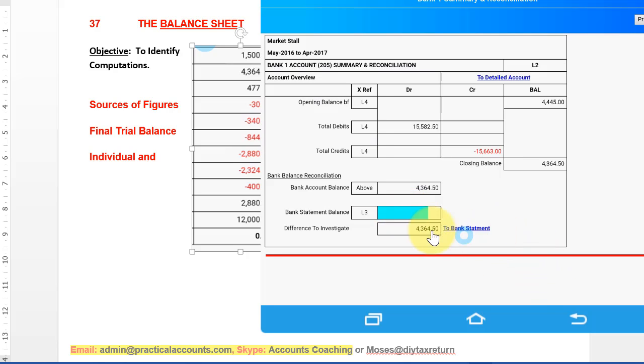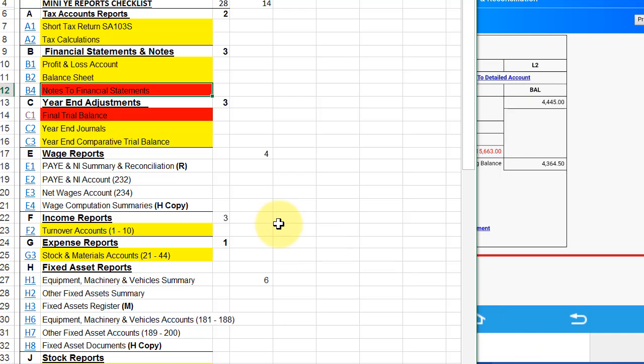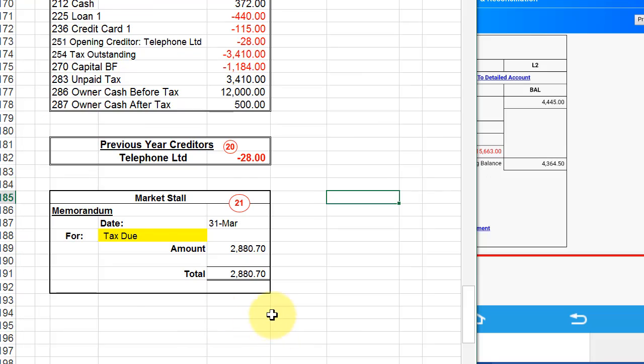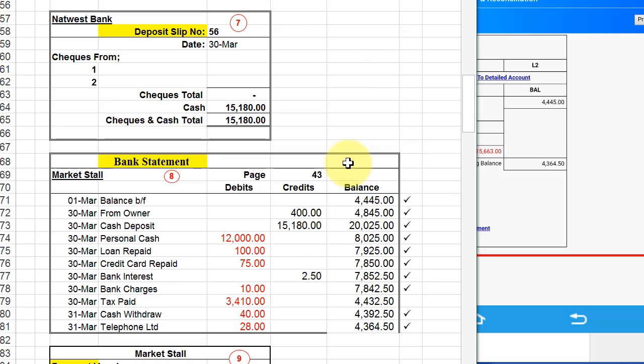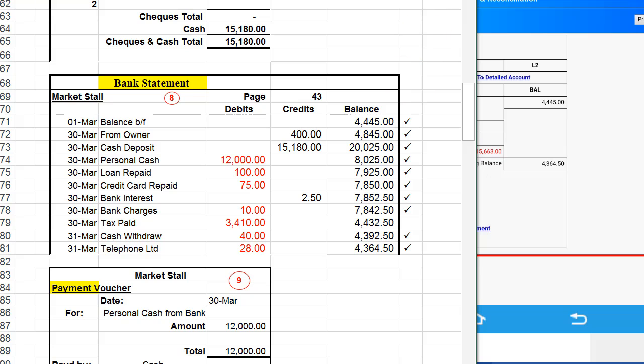And from here, this one's supposed to link to the bank statement, but this one links to the detailed account. And apparently, we've got our bank statement. Let's compare the two. We've got our bank statement, which we used for recording. Let's have a quick look at that one. The balance is 4364.